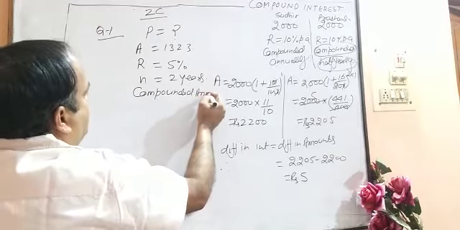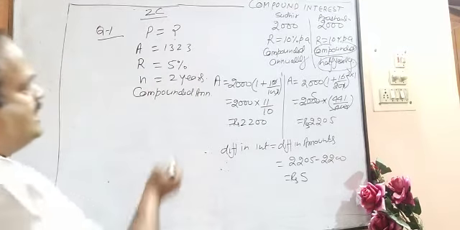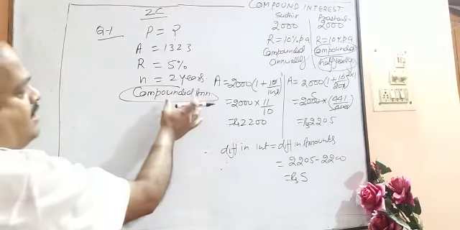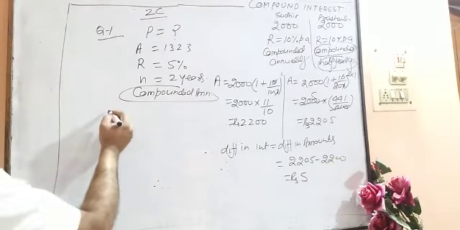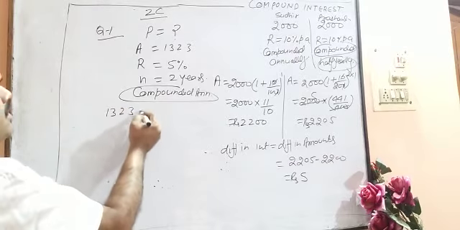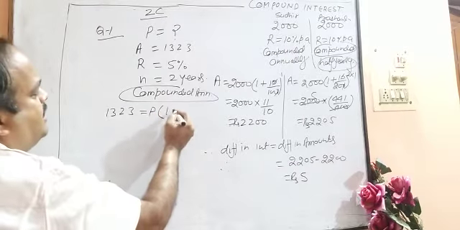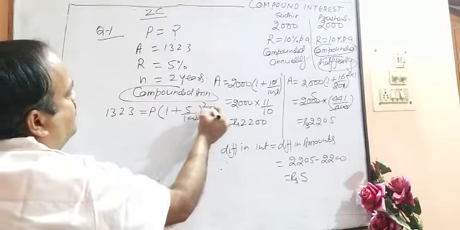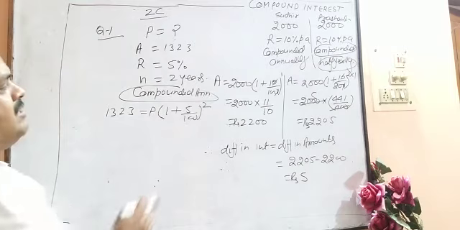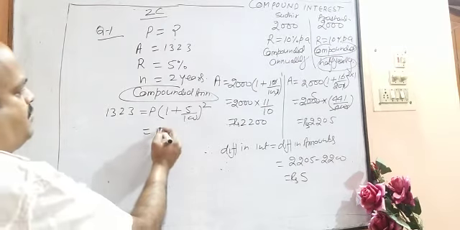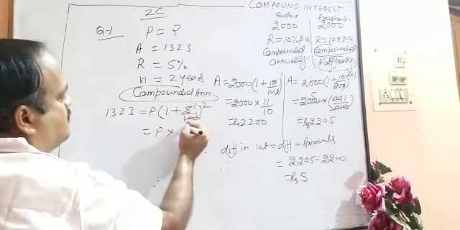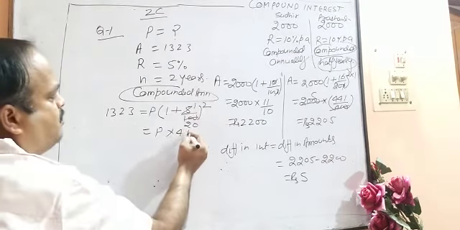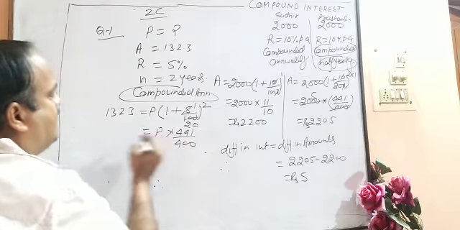So let us use the formula. Since the interest is compounded annually, the amount is equal to principal into (1 plus 5 by 100) to the power 2, that is, 1 plus r by 100 to the power n. So P into 21 by 20 whole square, 441 by 400.